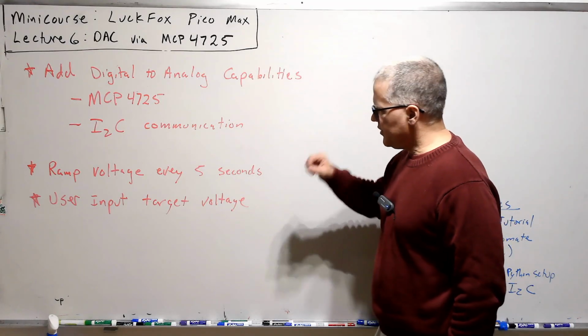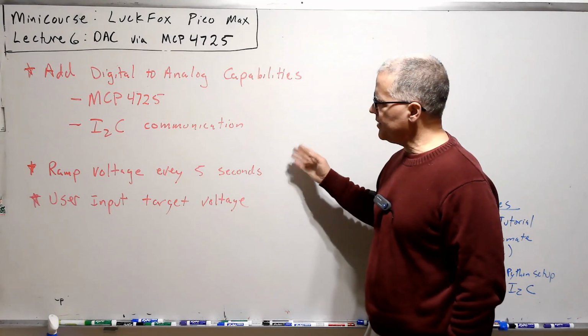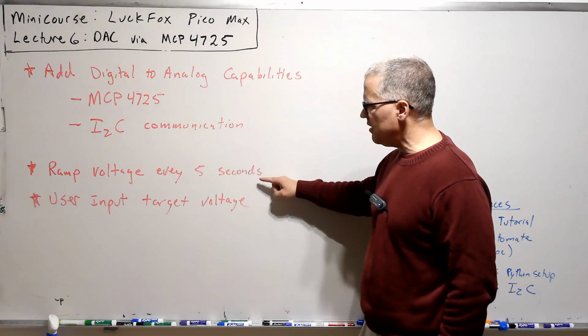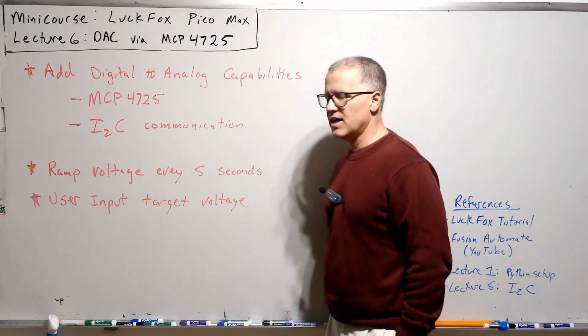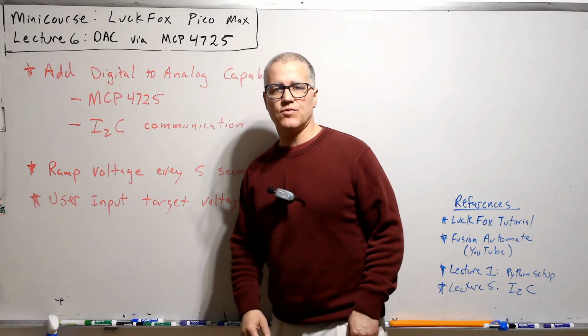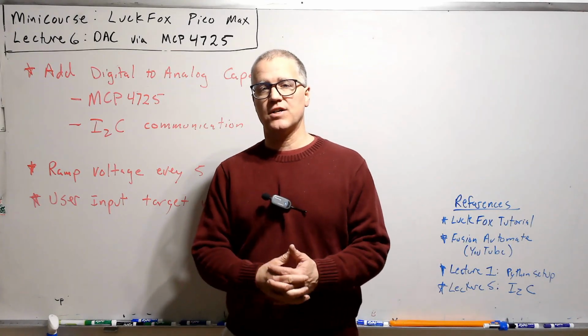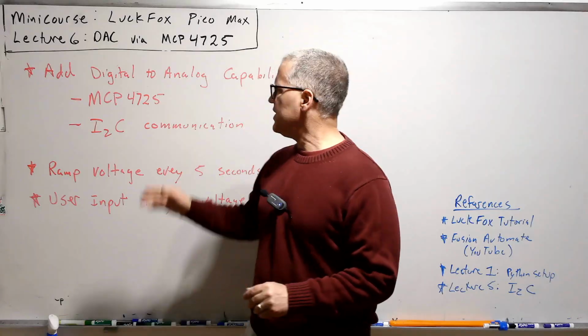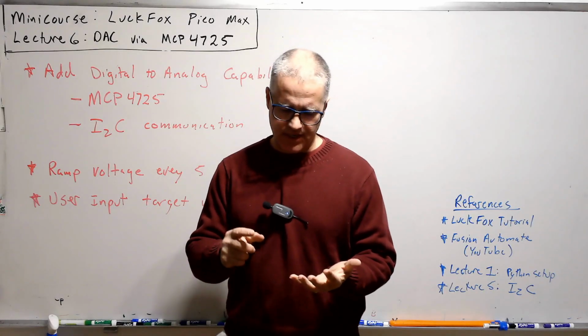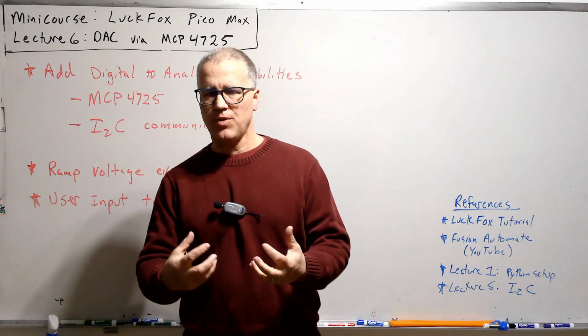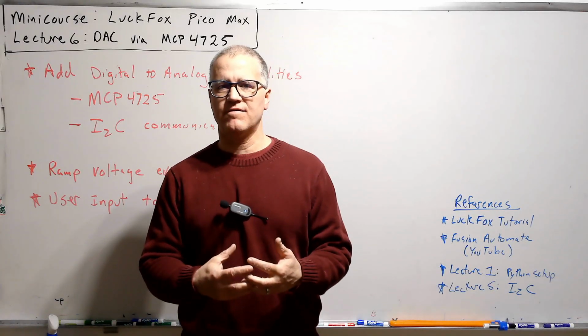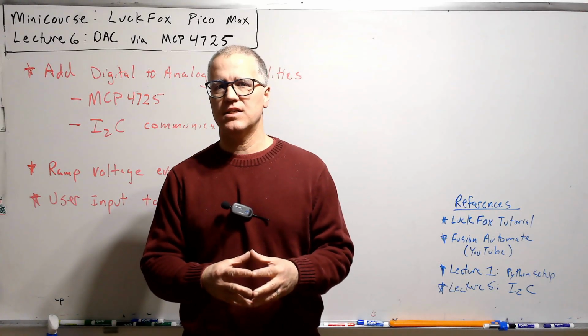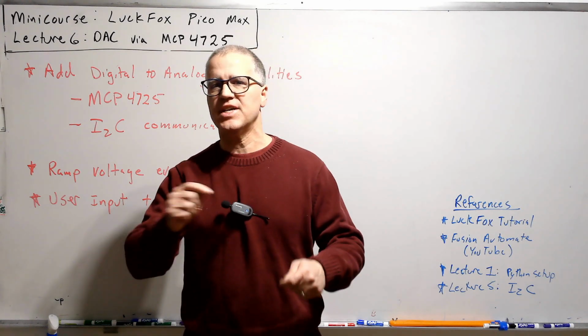Now, we are going to just do 2 very simple programs. A voltage ramp every 5 seconds, and then maybe a little bit nicer one where the user inputs a target voltage. What we will see with this chip is it's not super responsive and it can't drive a lot of current. So you would be largely using this to signal something.